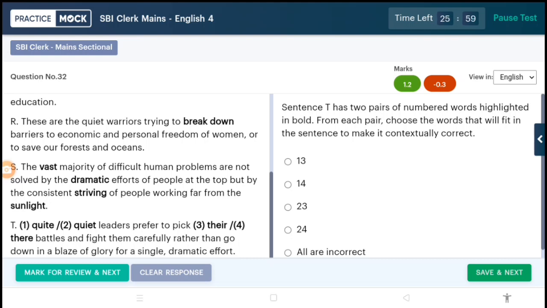Quiet leaders prefer to pick. So I think 1, 3.